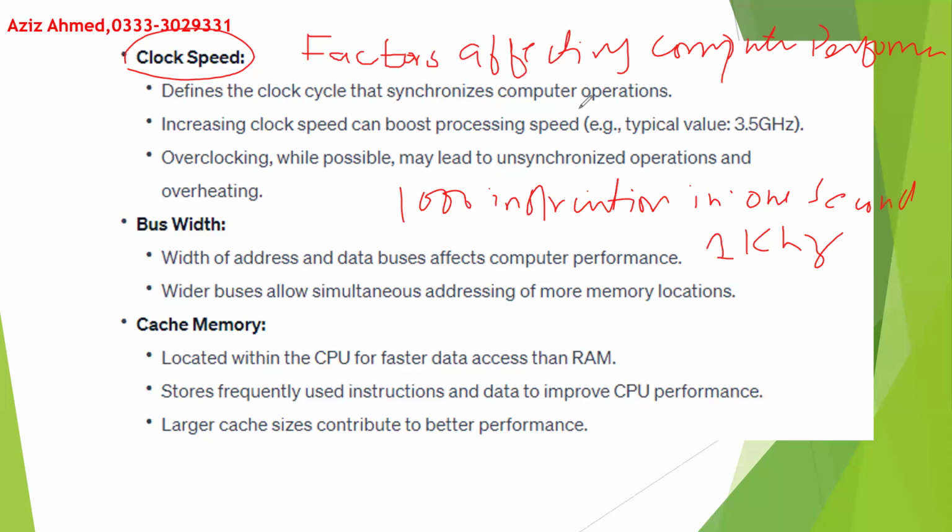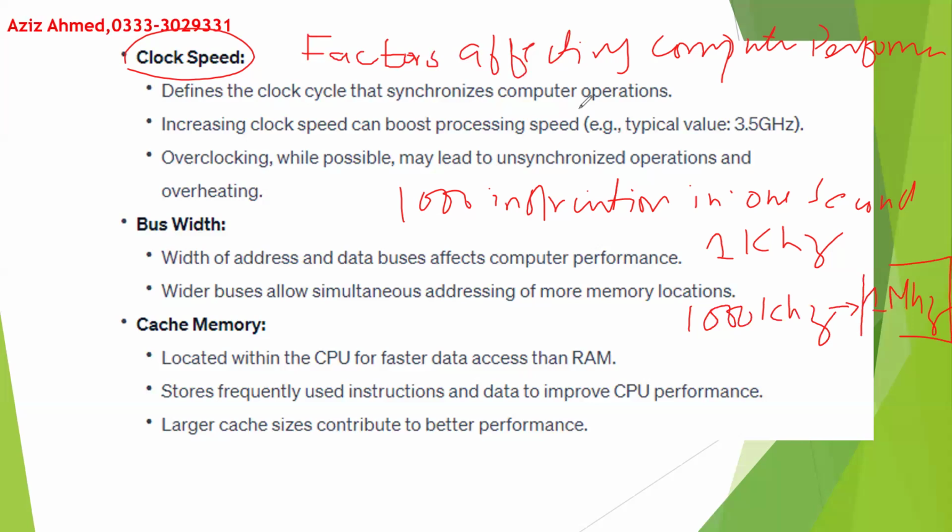At the same time, if a computer can perform 1000 kilohertz, it means it has processed 1 million instructions in 1 second. We call it 1 megahertz.